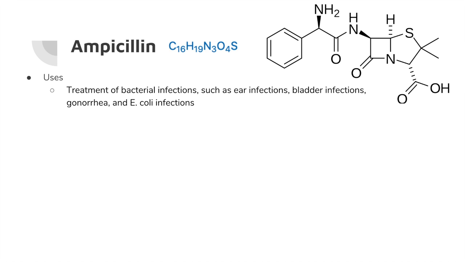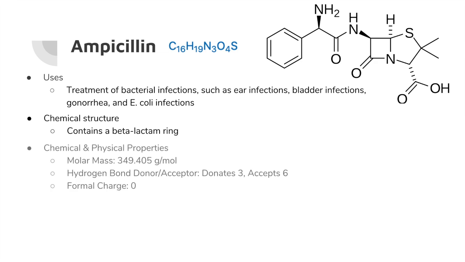So the last example of a penicillin that we have is ampicillin. It is used to treat bacterial infections such as ear infections, bladder infections, gonorrhea, and E. coli infections. Its chemical structure also contains a beta-lactam ring. It has a molar mass of 349.405 grams per mole. It can donate 3 hydrogen bonds and accept 6 hydrogen bonds.